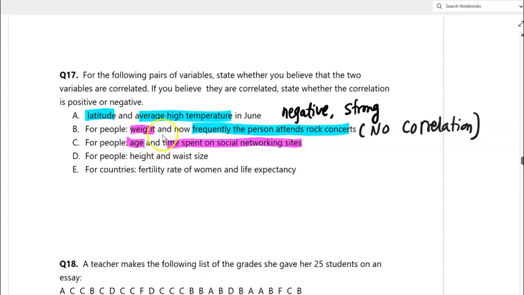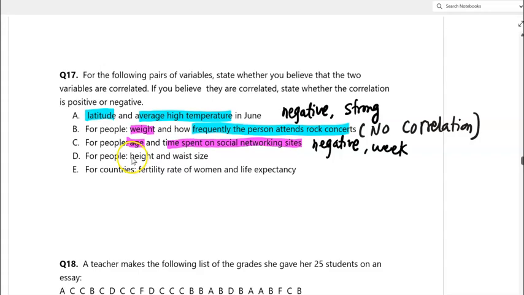I think there is a correlation here, because as people get older, the time spent on networking sites gets less and less. So as age increases, time spent decreases. So this is negative, but not as strong as A. This is a weak negative. Part D, for people, height and waist size. Height is a variable, waist size is a variable.